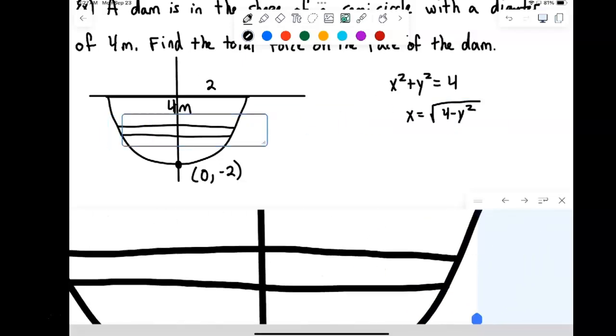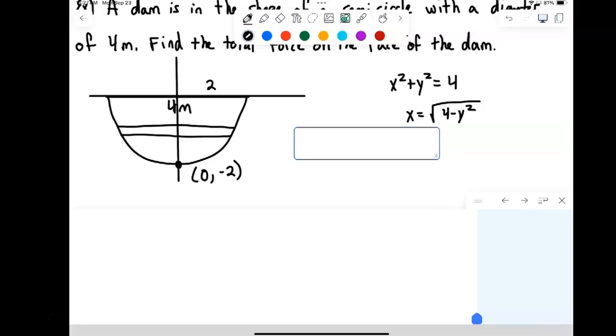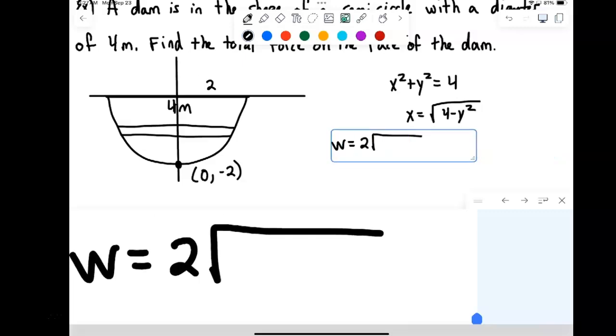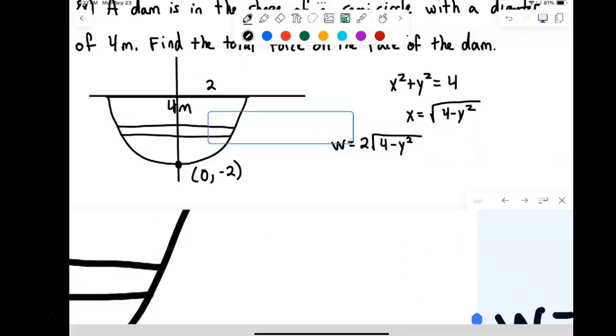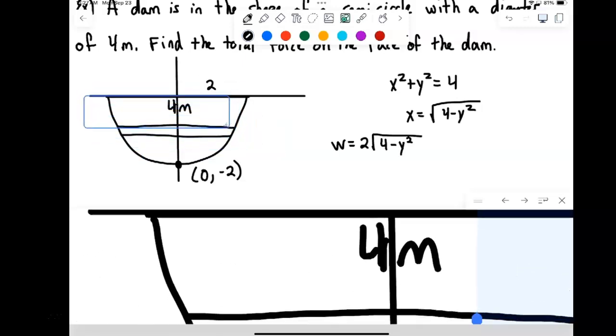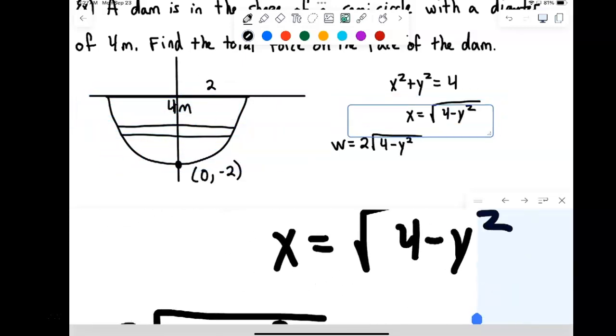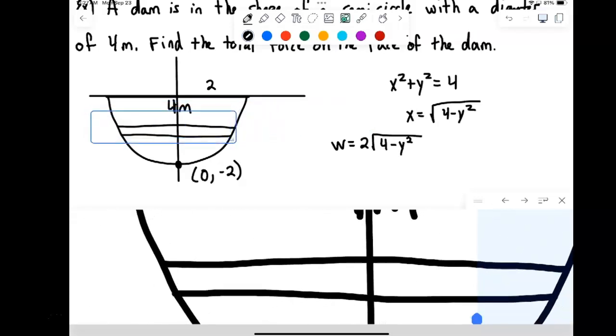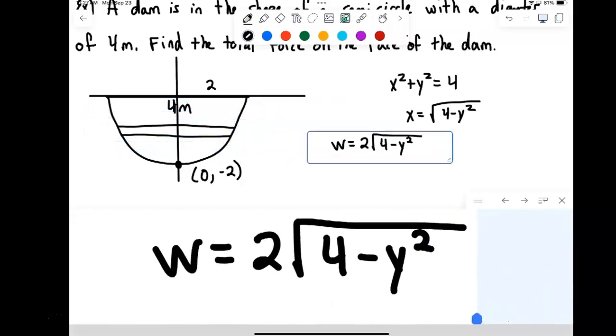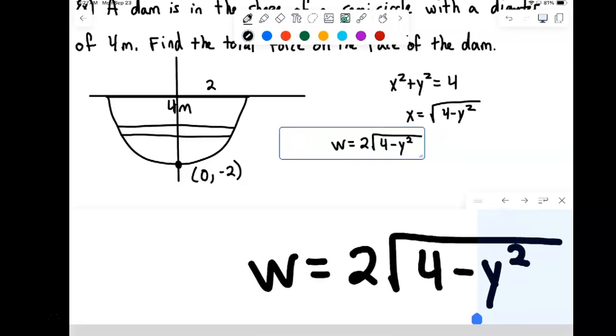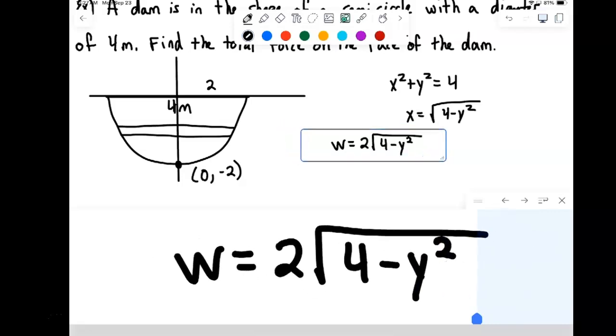And the width function w here would be 2 of those: 2 times the square root of 4 minus y squared. Again, the width is a positive function. That's why there's no negative sign. Even though the equation for this part would actually be the negative square root, that's not going to matter here because the width function needs a positive answer.